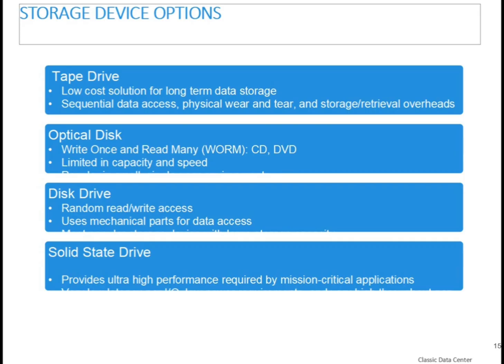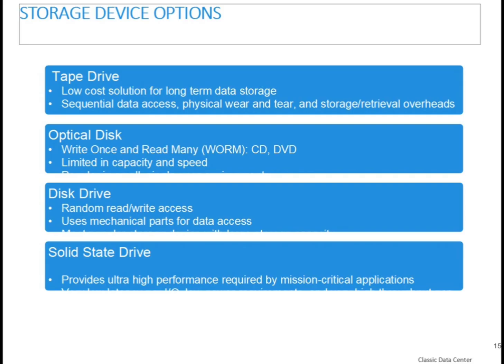Search and retrieval of data is done sequentially, taking several seconds to access the data. On a tape drive, the read-write head touches the tape surface, which causes the tape to degrade or wear out after repeated use. Also, the overhead associated with managing tape media is significant.